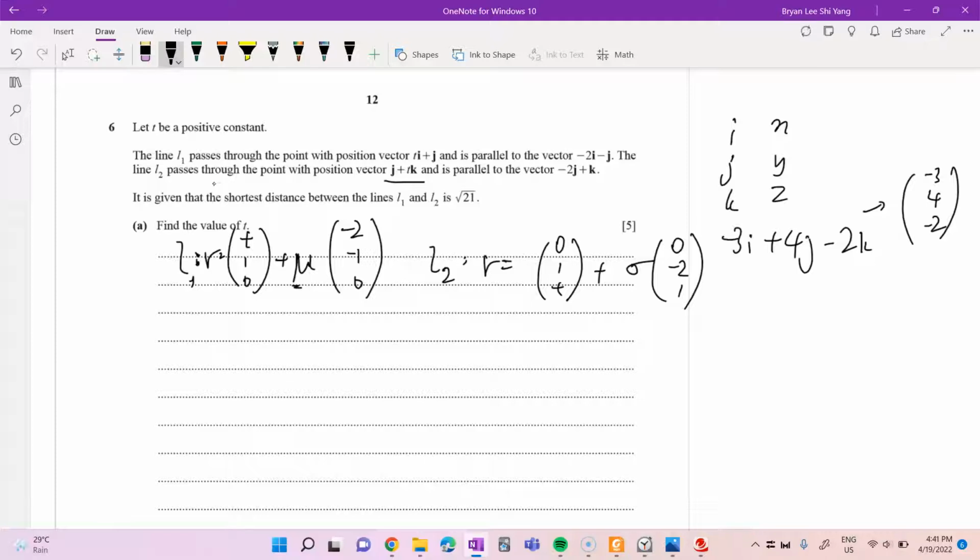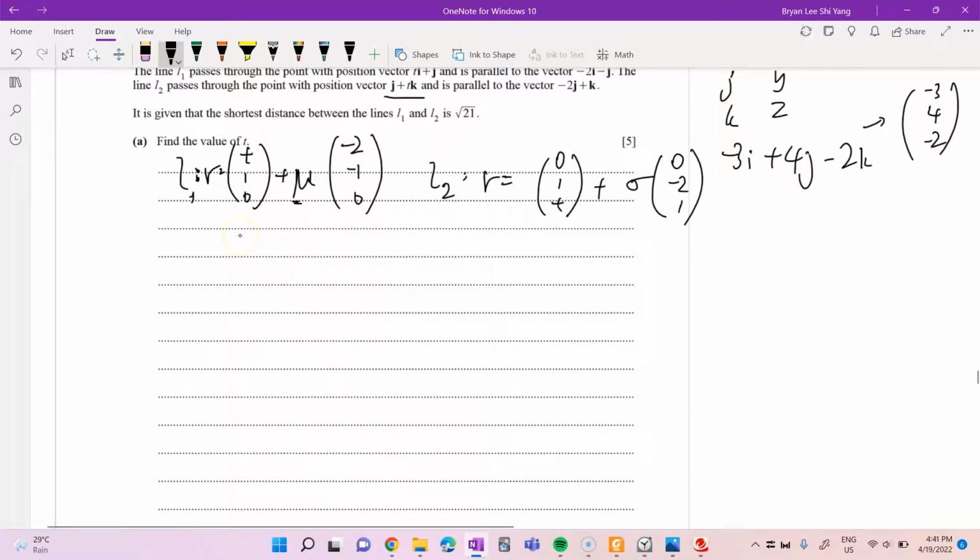Ooh, okay. So this one, we also have a certain procedure of finding the shortest distance. Now, the shortest distance between the lines will be perpendicular to both of them, since this is in 3D. So what we will have to do here is to find some line that is perpendicular to both of them. So this one, we'll use the cross product or the vector product.